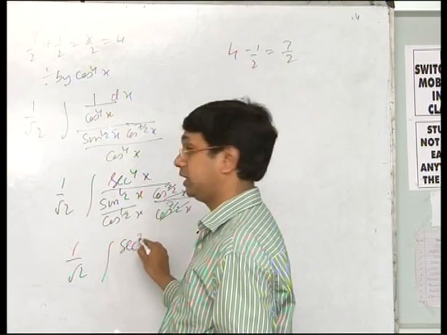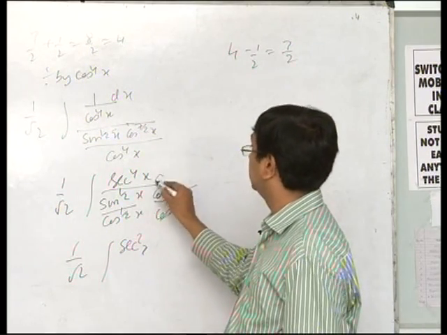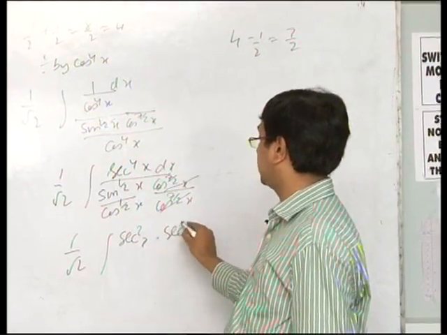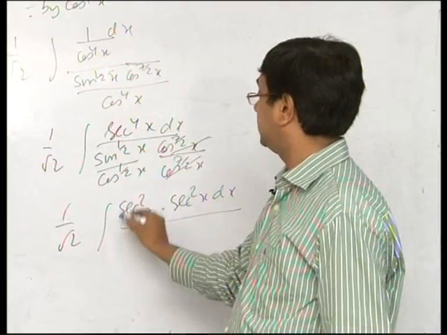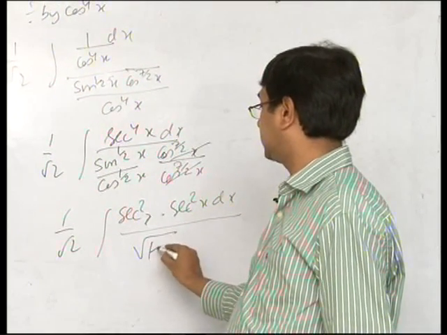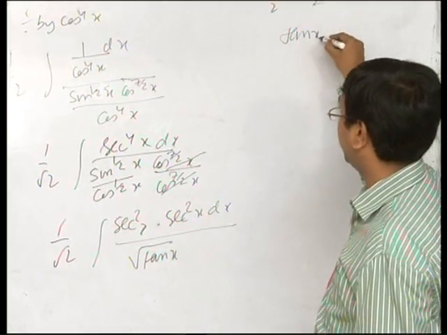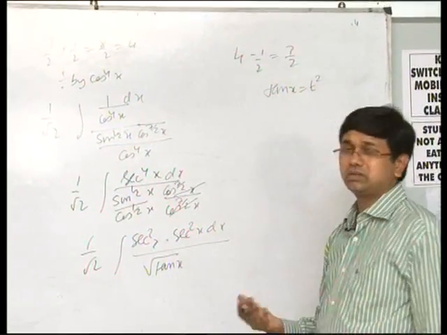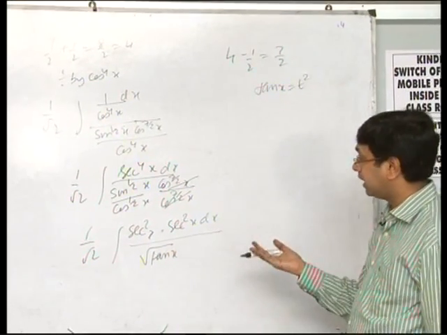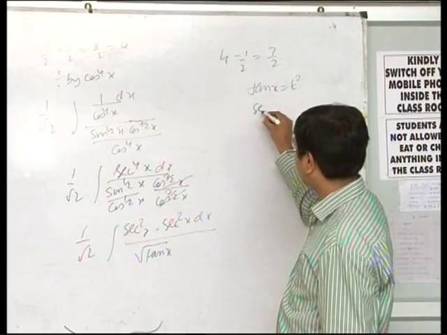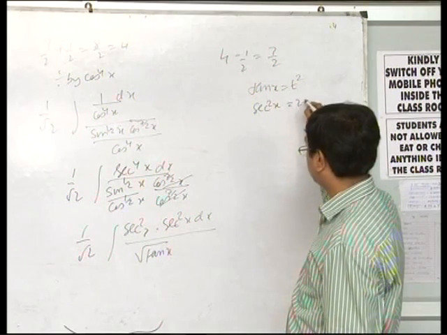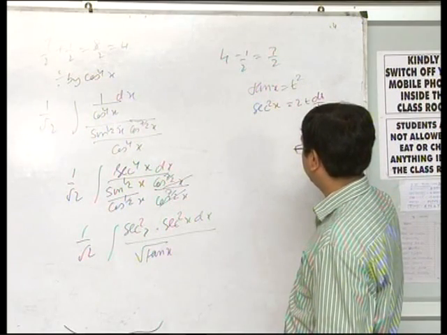So I am writing the numerator as sec square x into sec square x, and sin raised to half cos raised to half is nothing but root tan x. Now you can put tan x as t square also. What help would that give? If you put tan x as t square, sec square x is equal to 2t dt by dx.